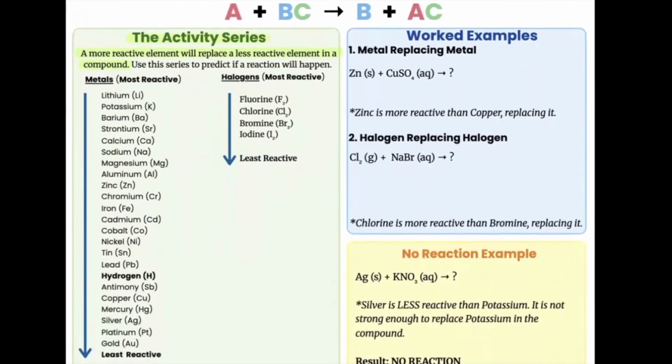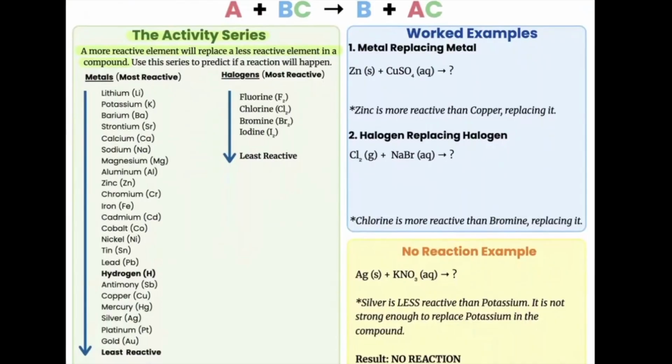Now, you are not expected to memorize this at all. Always use the one your teacher or professor gives you in class for your exams. But this is my activity series, and it ranks the elements from most reactive at the top to least reactive at the bottom. Just keep in mind, sometimes it's written horizontally, sometimes the most reactive is at the bottom.